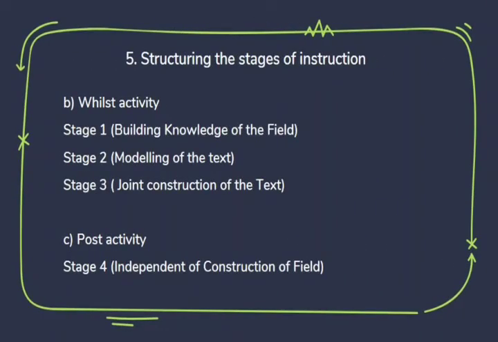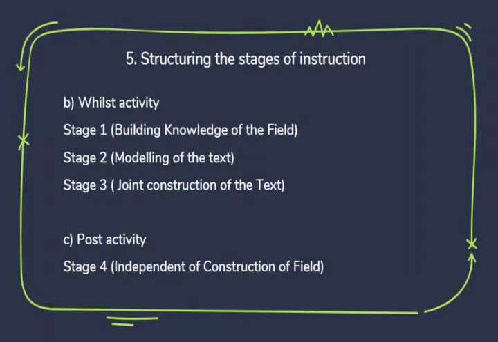B, while activity. Stage 1, building knowledge of the field. In this step, the teacher guides students to identify the characters of the story. In this step, the activity is focused on speaking. Stage 2, modeling of the text.